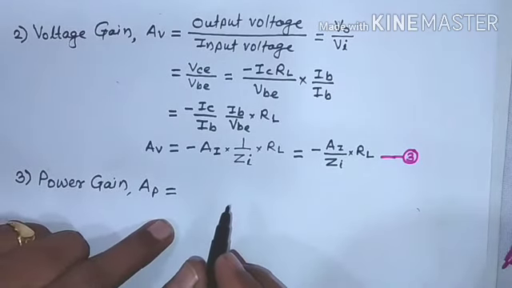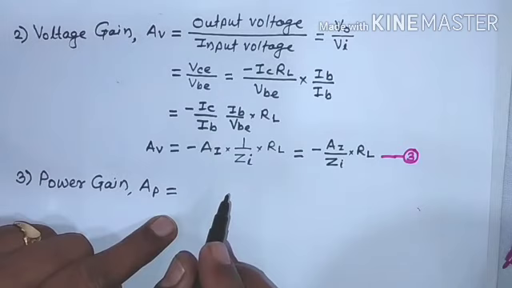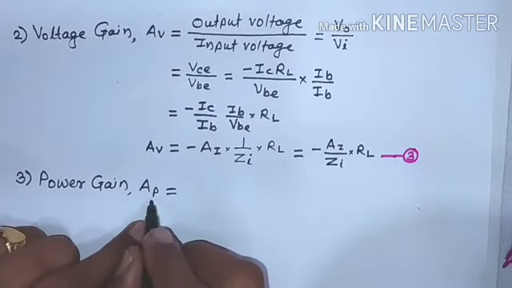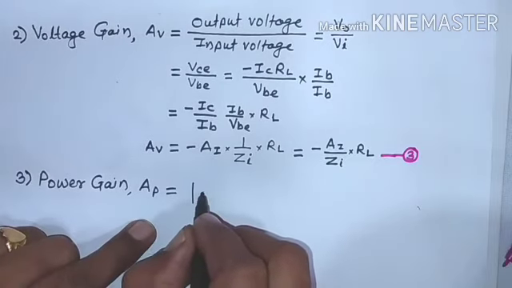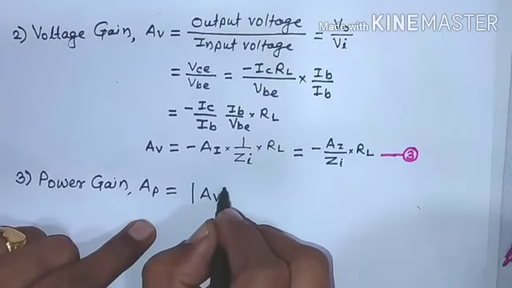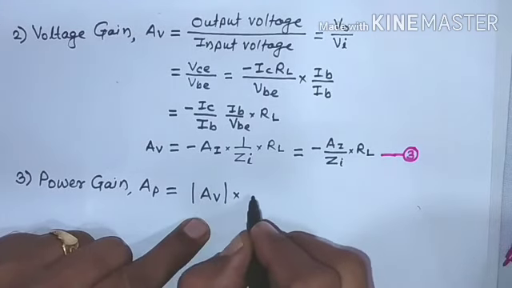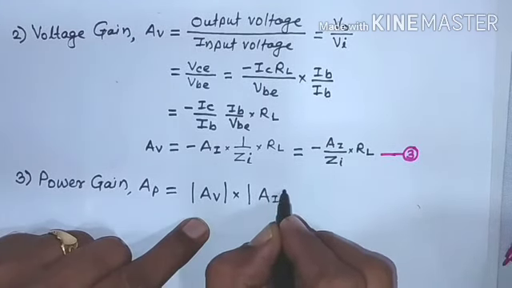Again it is the product of voltage gain and current gain. So we can write this power gain AP equals to, first term voltage gain, or we can say magnitude of voltage gain into magnitude of current gain.